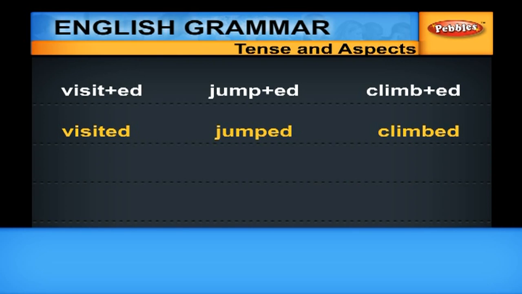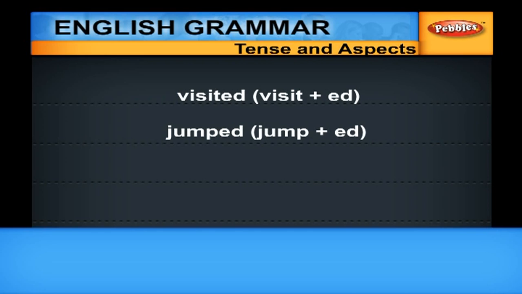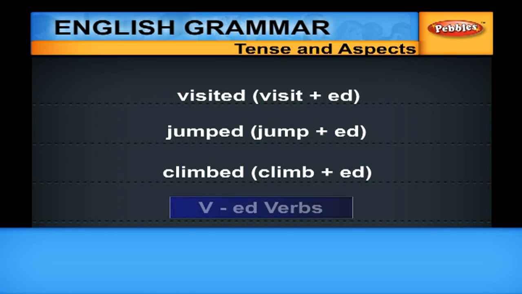This is what we call past tense. Normally, we add ed to form the past tense. Visited, visit plus ed. Jumped, jump plus ed. Climbed, climb plus ed. So, we can call this past tense verb as VED.